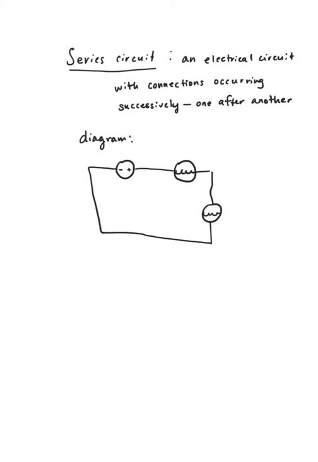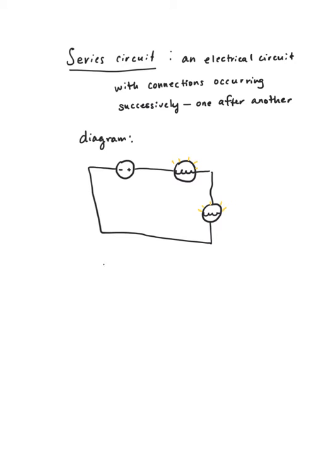In a series circuit, having more than one light bulb resulted in a dimmer overall result than having just one light bulb alone.